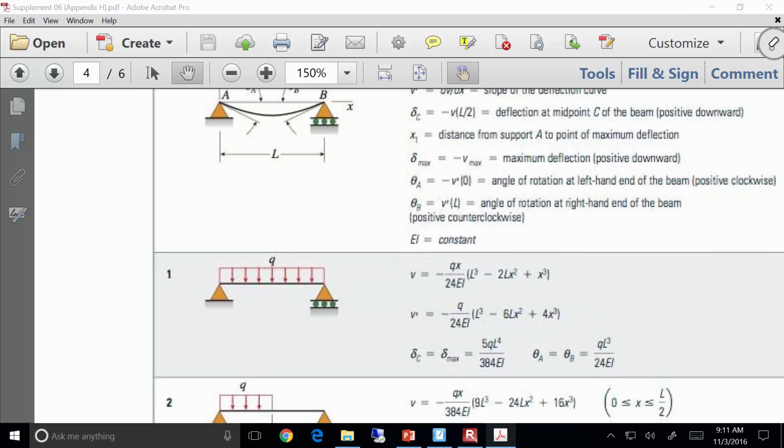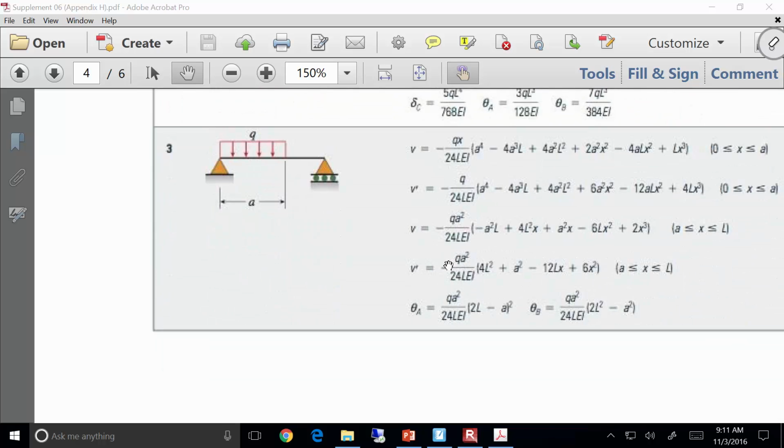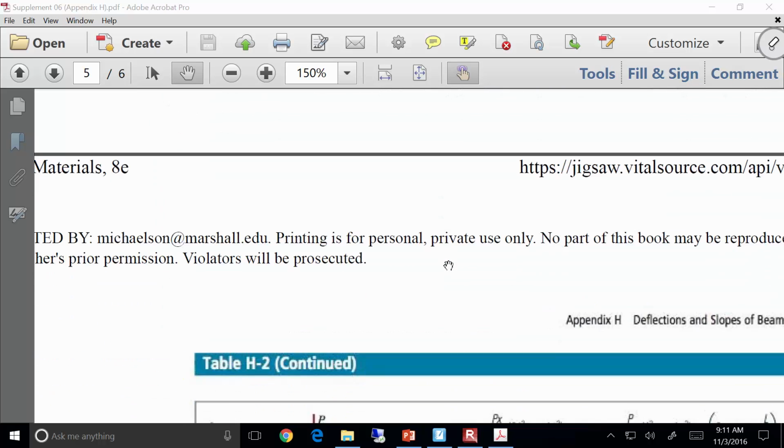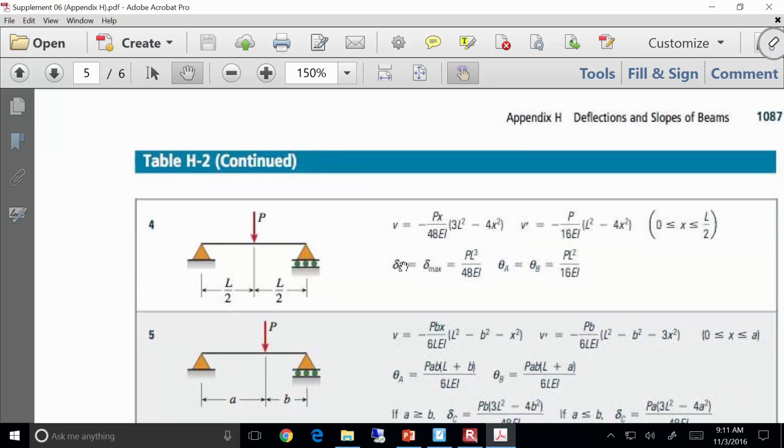For the point load at midspan, I scroll down a little further, and I get this one right here. So a similar formula. I just plug in X equals L over 4. Get a deflection for the first one, get a deflection for the second one, add them up, and that's it. Simple? Everybody okay with this? All right.